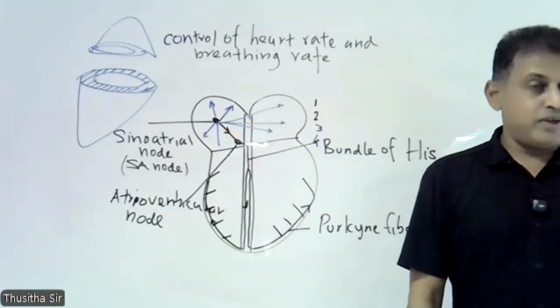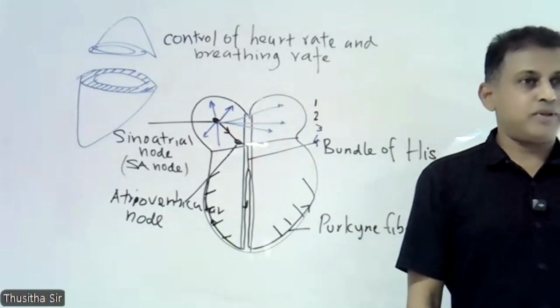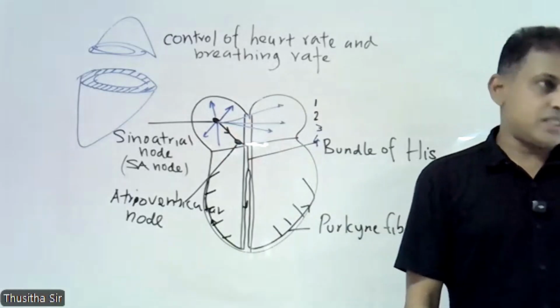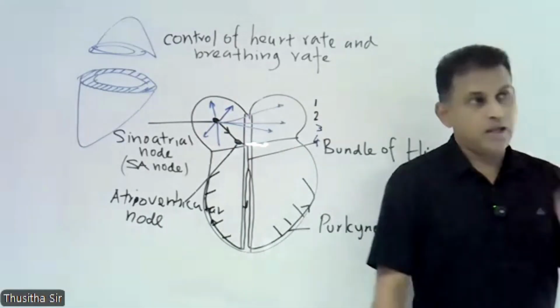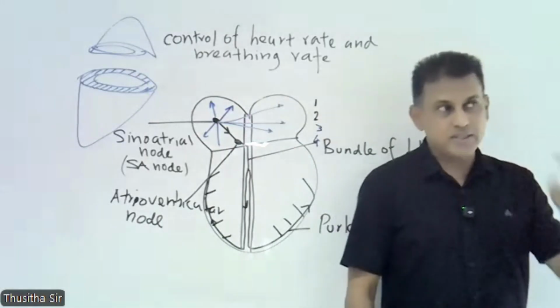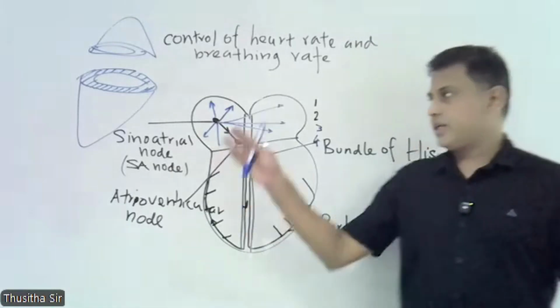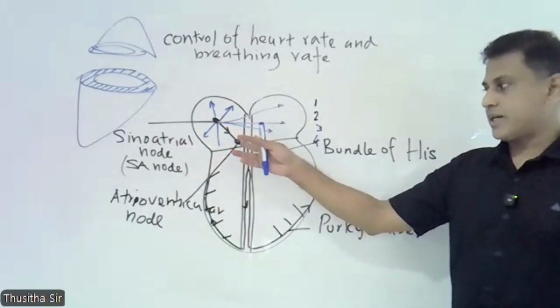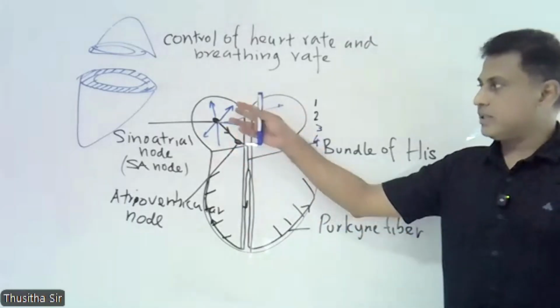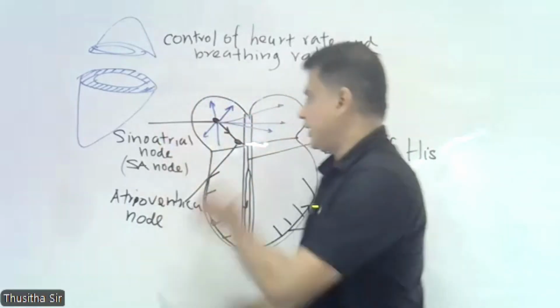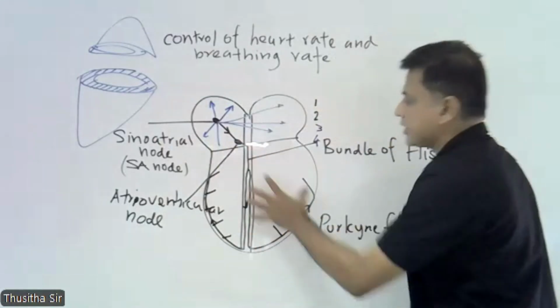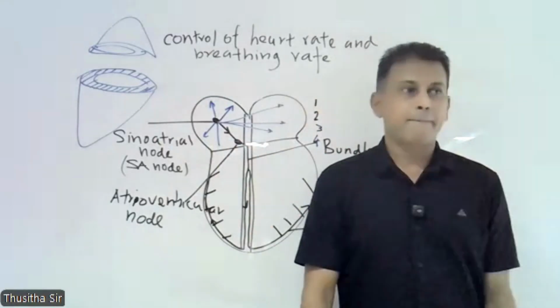Then the ventricles would contract at the same time as the atria. That doesn't work, because in the cardiac cycle, first atrial systole, then ventricular systole happens. So that's why it delays here a fraction of a second, and after the atrium contracts, the signal goes to the ventricles, then the ventricles contract.